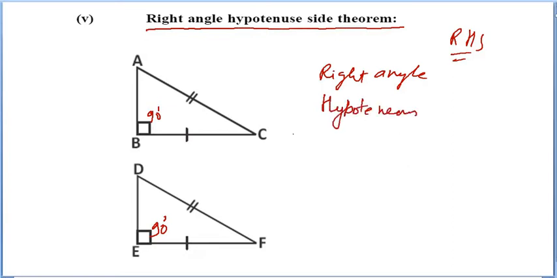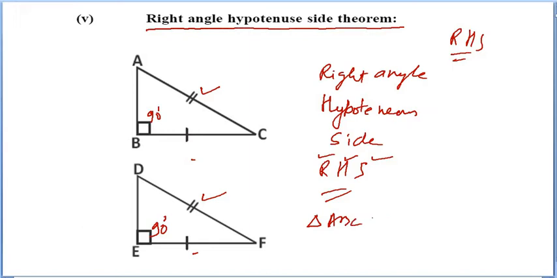This side and this side are equal, and the one side is also equal. That is the RHS rule. If the right angle, hypotenuse, and a side are equal, then the triangles are congruent. So you can say in this, triangle ABC is congruent to triangle DEF.